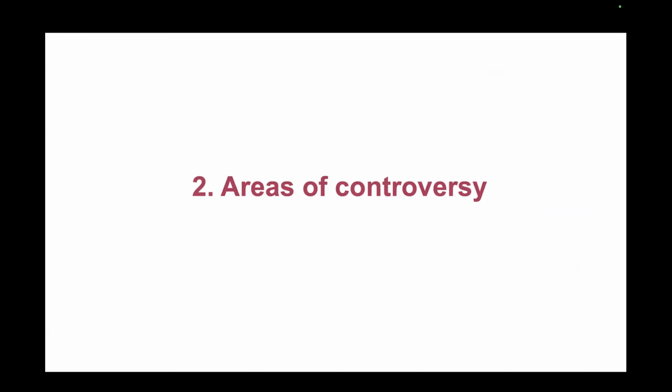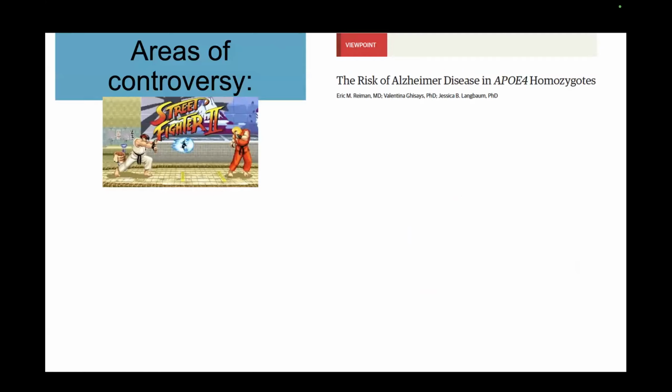So where are the areas of controversy? That is a valid controversy. There are several points that are very, very valid. So let me identify some areas of controversy. If you're interested in a very clever editorial with very valid points, I would recommend reading this editorial in JAMA Neurology by Eric Raymond, who is an amazing scientist that has worked with autosomal dominant AD in Colombia, with APOE for many decades.